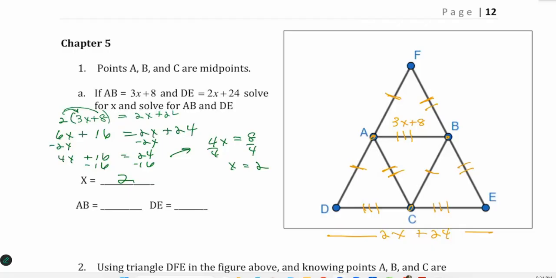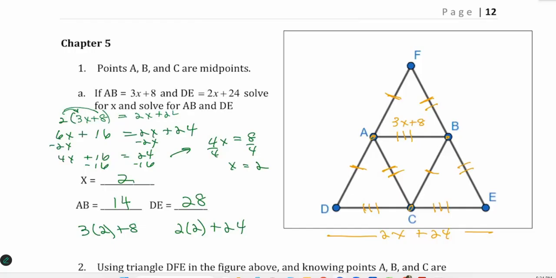Now let me plug this in, and I should get what I want this time. 3 times 2 is 6 plus 8 is 14. Now this has to be 28. If it's not, something is wrong. 2 times 2 is 4, and 4 plus 24 is 28, and now I'm good.